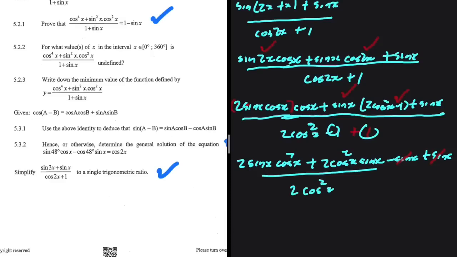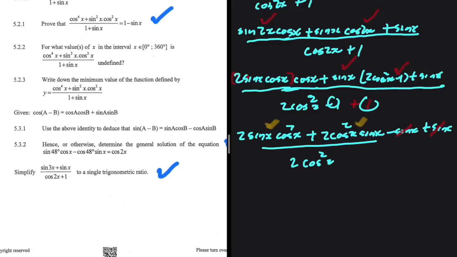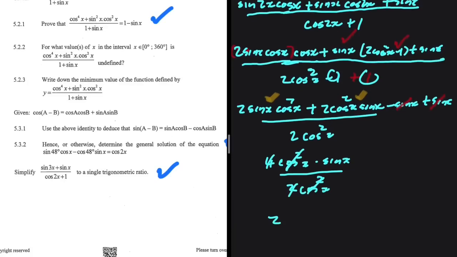Okay, let's take a look at the numerator. On the numerator, we have 2 sine x cos of x everything squared plus 2 sine x cos of x everything squared. So this is just 4 cos of x everything squared multiplied by sine of x, divided by 2 cos of x everything squared. 4 divided by 2 is 2, and cos of x squared will cancel out with that term on the numerator.